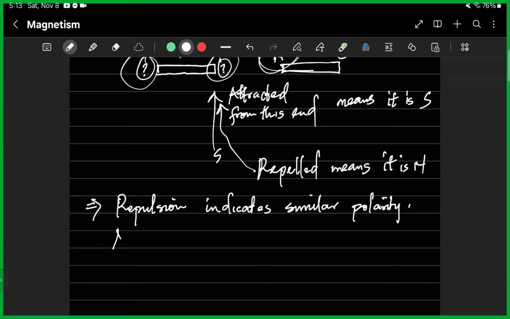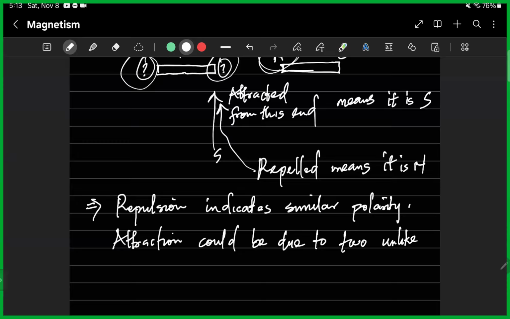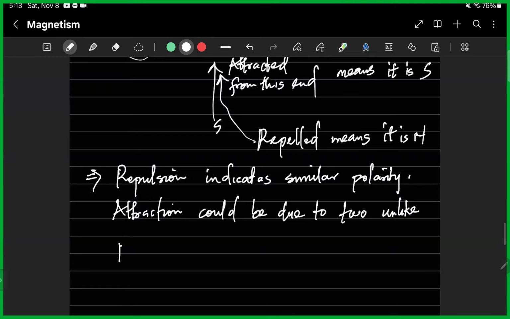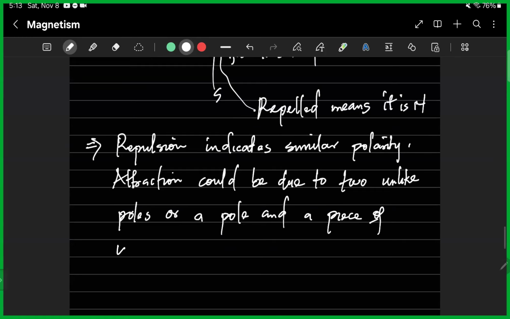Then attraction could be due to two unlike poles, or a pole and a piece of unmagnetized material.